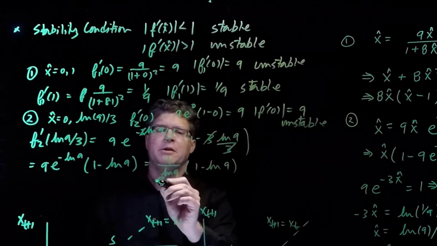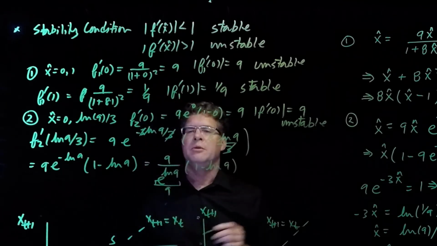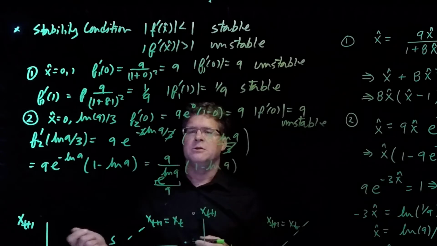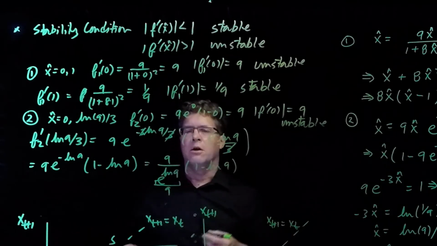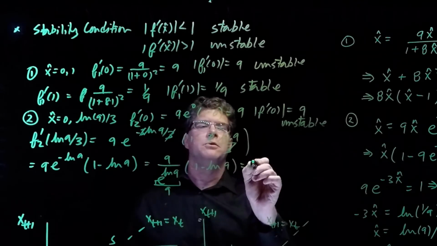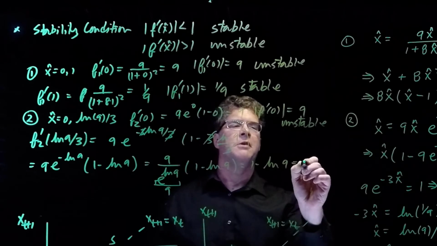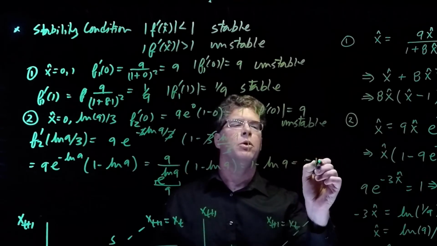Now this is just a very fancy way of writing 9 on the bottom here, because the exponential function and the natural log function are inverses of each other. And so this is just equal to 1 minus log 9, which is approximately minus 1.19.